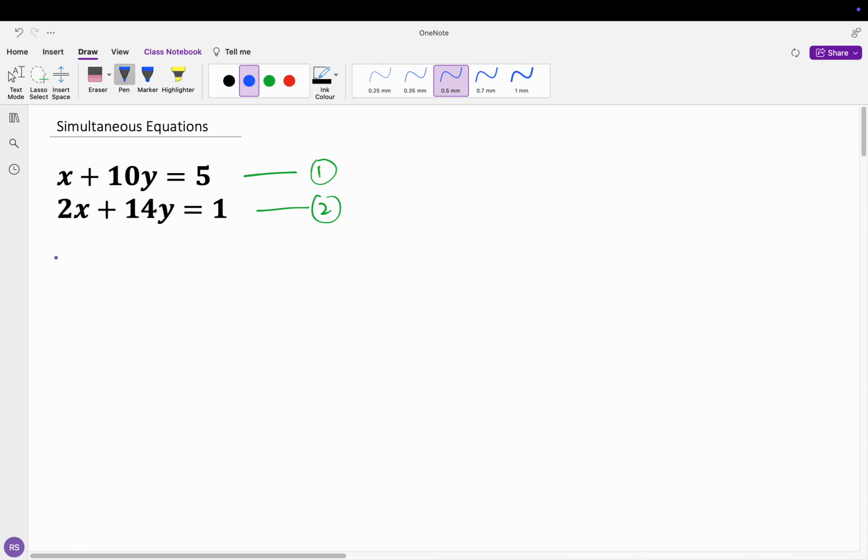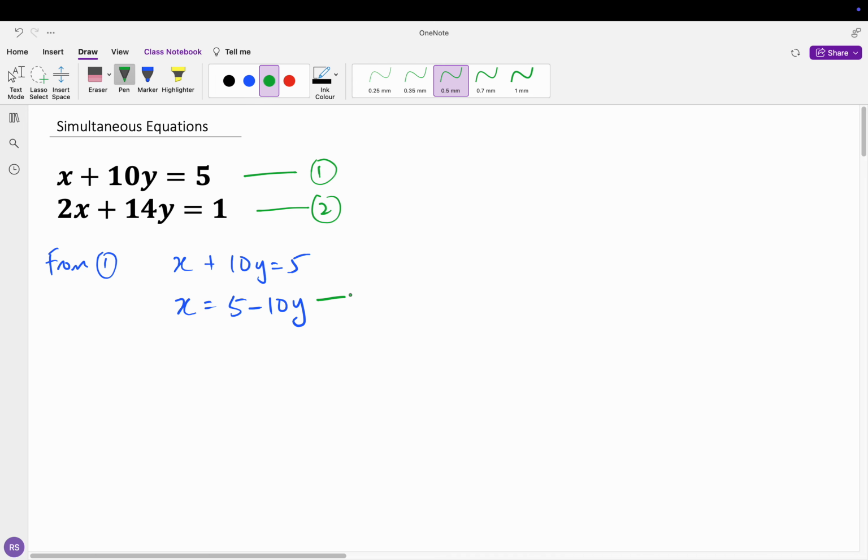So what we can do is, from equation 1, since x plus 10y is equal to 5, I can rewrite it to say that x is 5 minus 10y. The plus 10y you bring over becomes negative 10y.